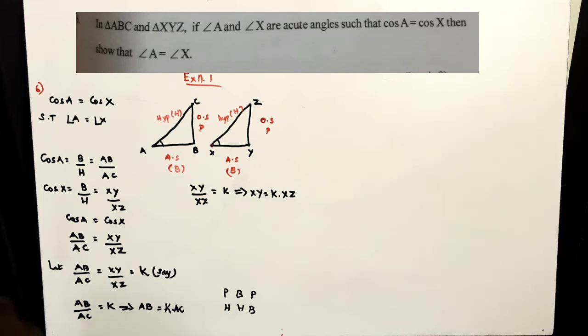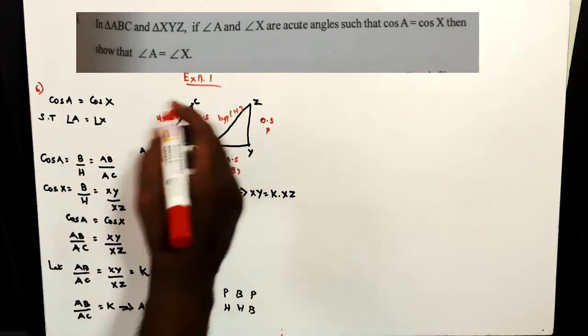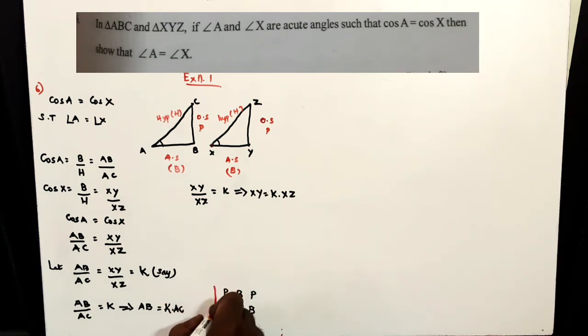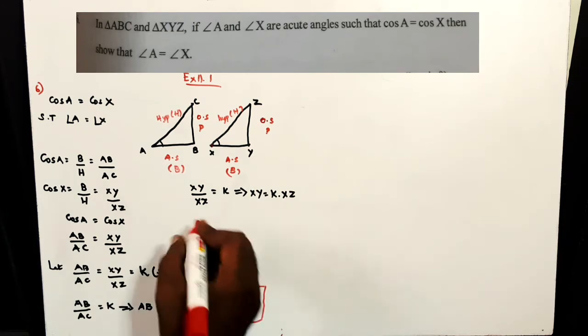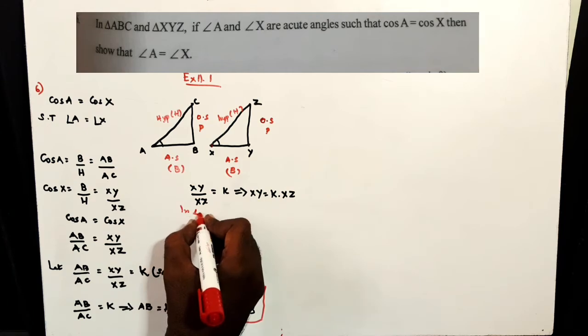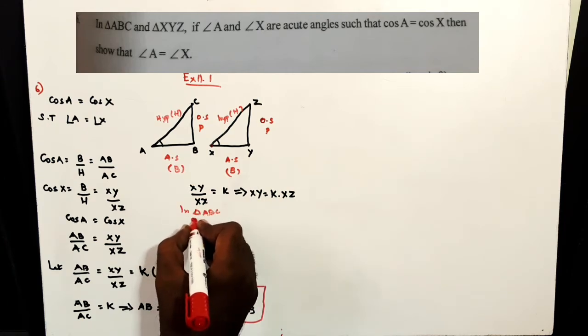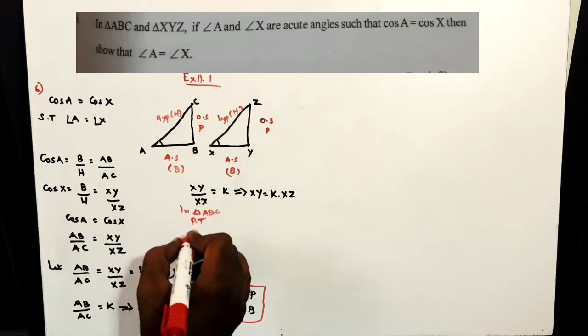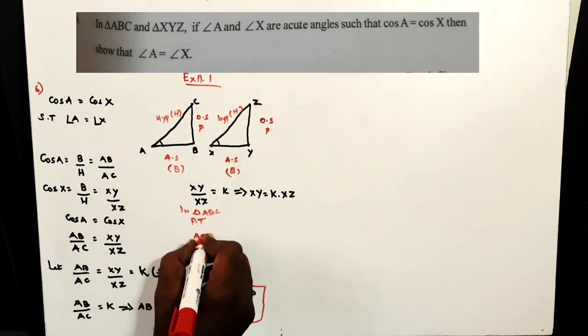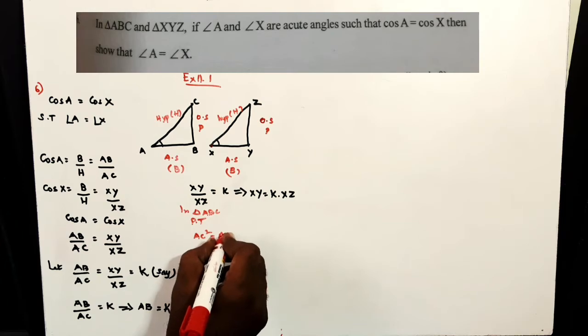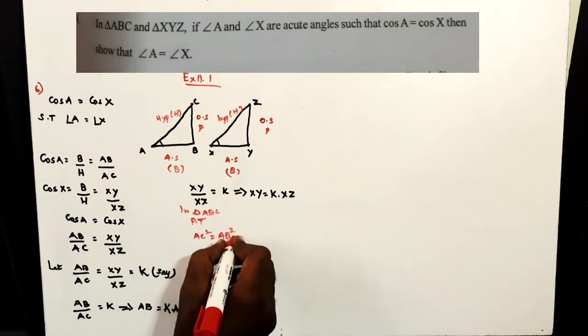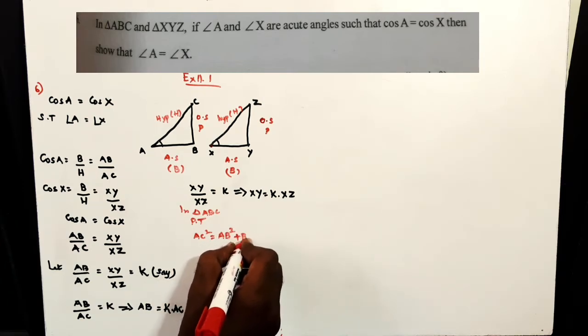According to the Pythagoras theorem in triangle ABC, AC square is equal to AB square plus BC square.